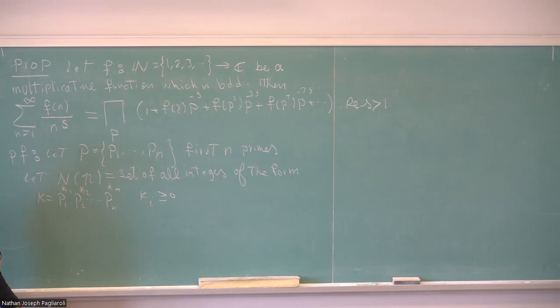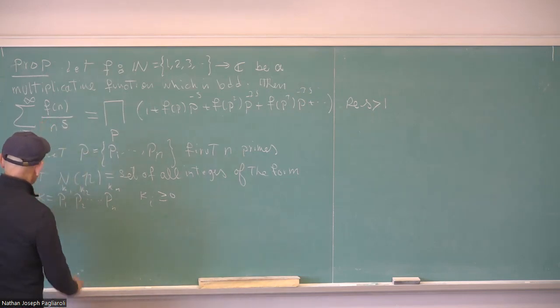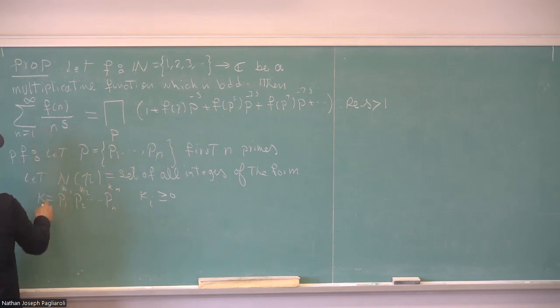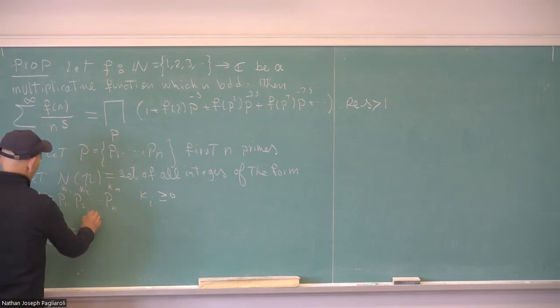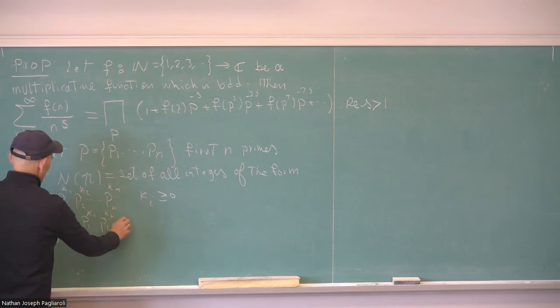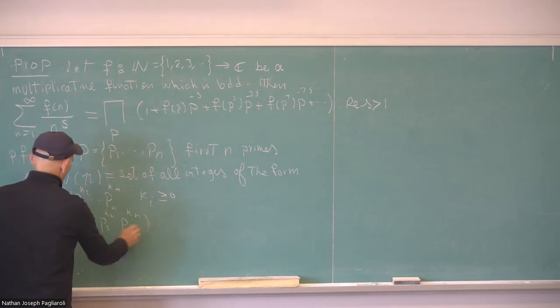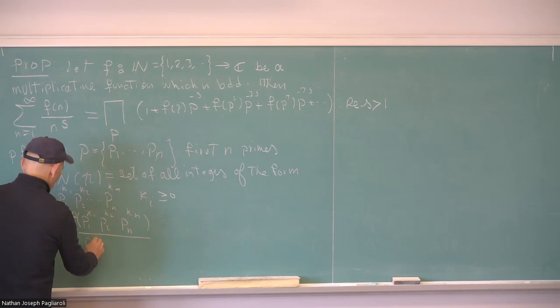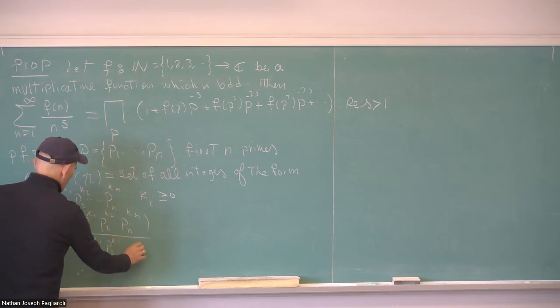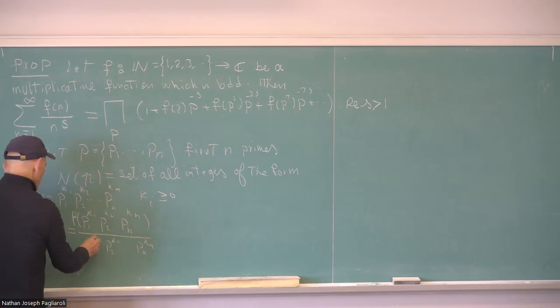Okay, so now imagine you have a number of this form. So f(k) over k^s we can write as f(p1^k1 p2^k2 ...) divided by (p1^k1 p2^k2 ...)^s, and of course I should not forget s here.